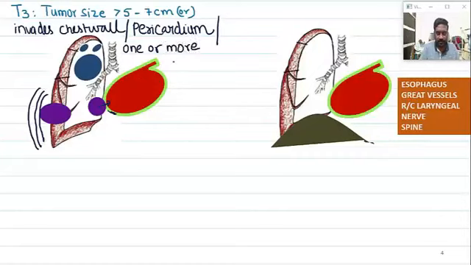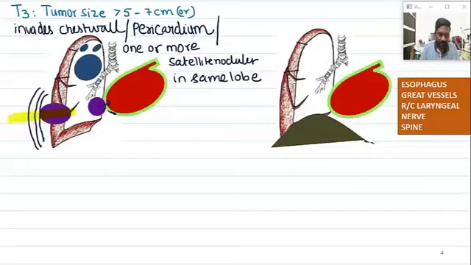So see the important features: either invades the chest wall apart from the size. So this tumor can invade the chest wall, T3, or it can invade the pericardium.